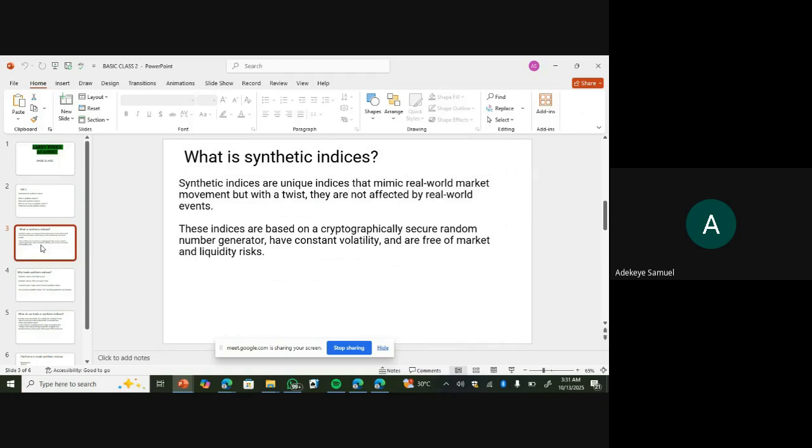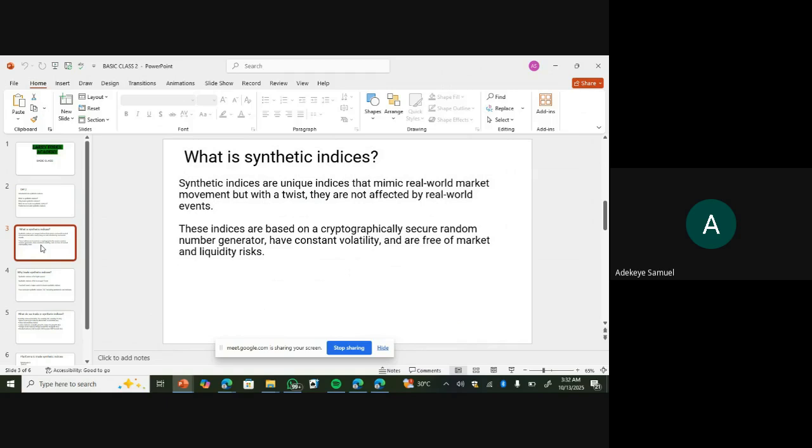Something that you copied, you generate it from another source. They generate synthetic indices markets from other sources, other peers, other movement of markets. They have a constant volatility and are free of market movement and liquidity risk.